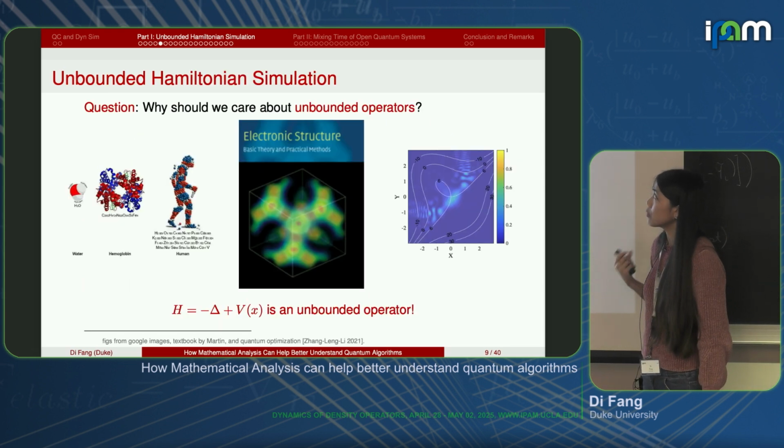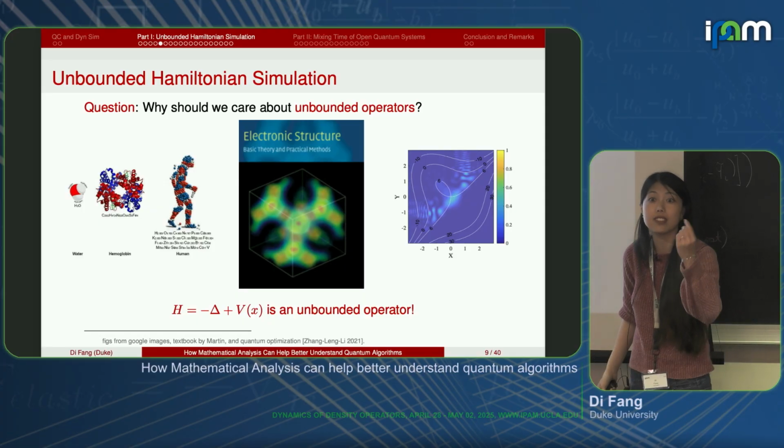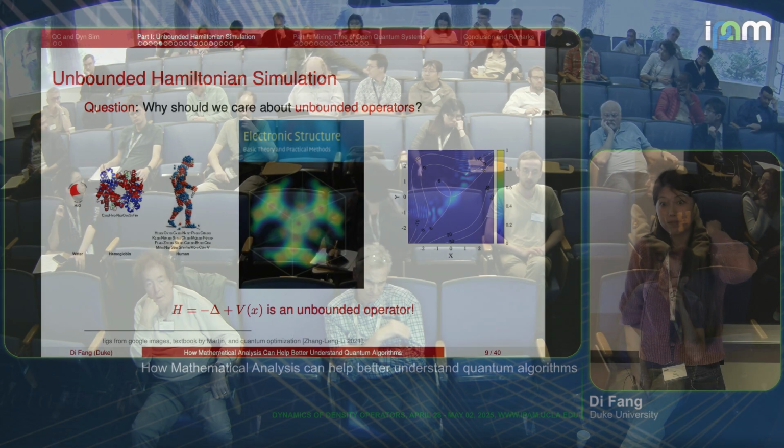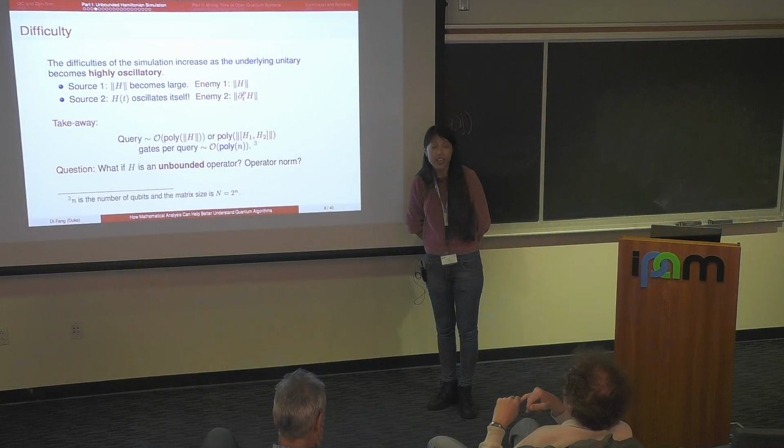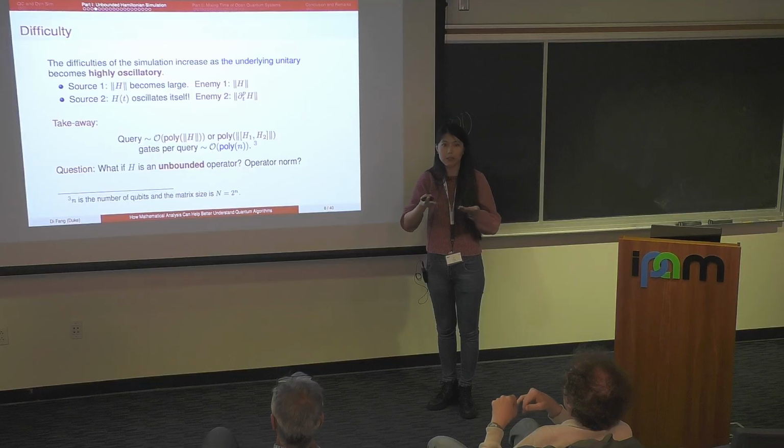But before that, I just want to say a little bit, why do we even care about unbounded Hamiltonians? Please. Just regarding the previous slide, are there some rigorous results showing that time dependence can make the simulation harder? Exactly, yeah. Time dependence will make the simulation much harder. When I say matching the theoretical lower bounds, I'm mainly meaning time-independent Hamiltonian simulations.